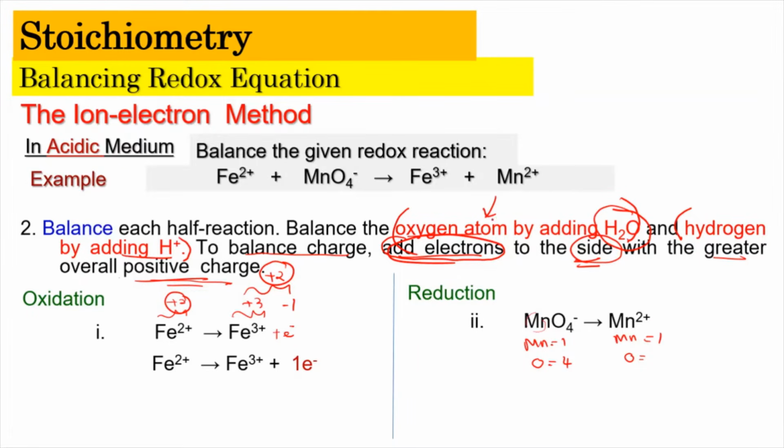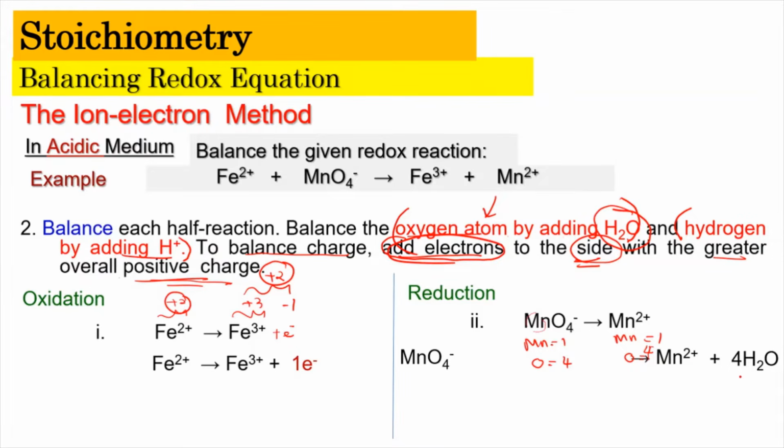And you need to read this statement: in order to balance the oxygen atom, we need to add H2O. So we need 4 oxygen, and hence we need to add 4 H2O here. So the oxygen that we're going to have is 4.